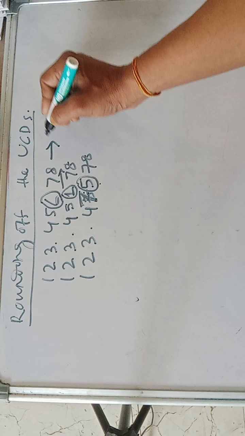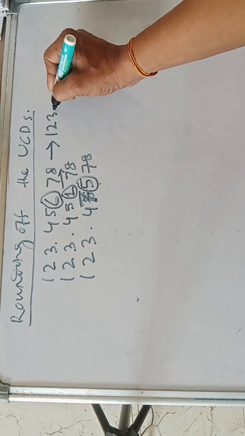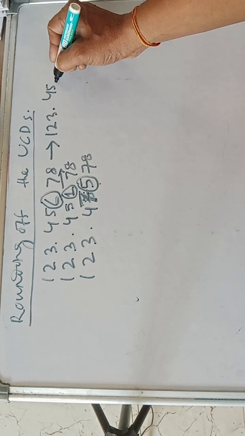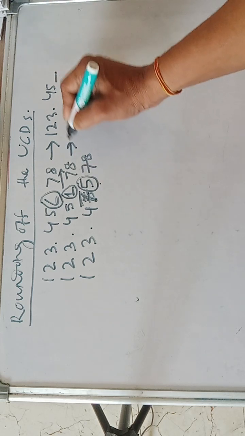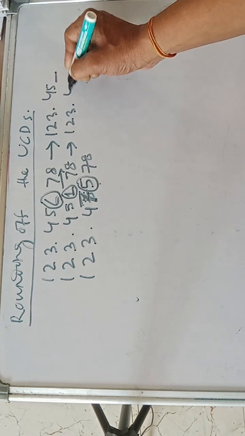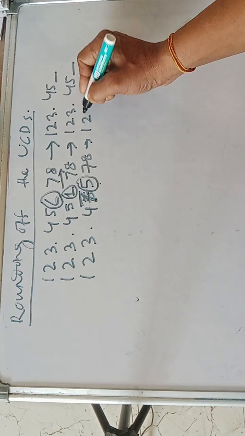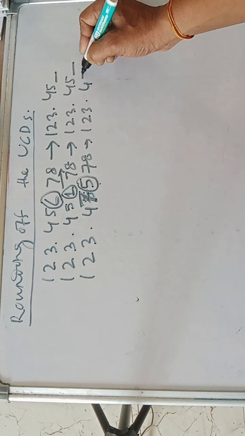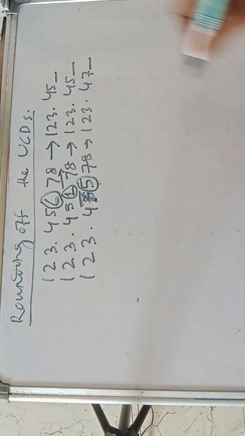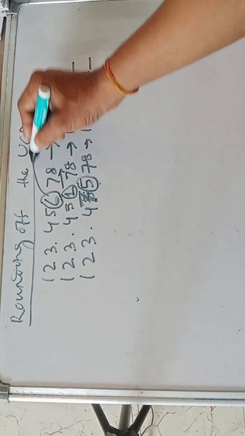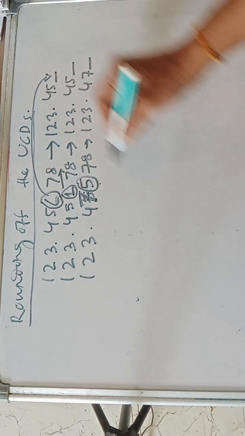Now, this will be converted to 1, 2, 3, 4, 5 and one more digit, and the other to 1, 2, 3, 4, 7 and one more digit. Now, the question is whether this 6 will remain here or not.